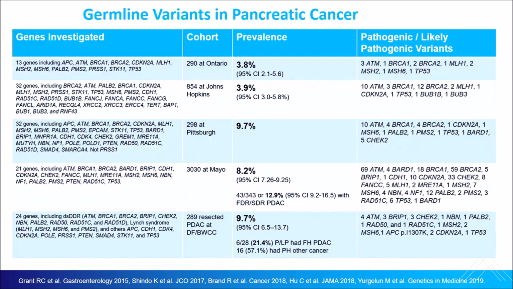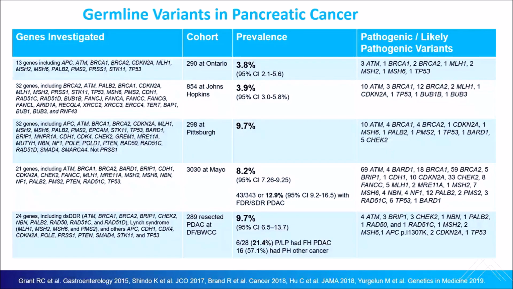This is an example of 5 studies looking at a variety of different panels, ranging from 13 different genes to 30-some odd genes, in a variety of different cohorts, urban cohorts, American cohorts, Canadian cohorts, of varying size, where they looked at the prevalence of pathogenic germline variants in cancer susceptibility genes in these pancreatic cancer cohorts.